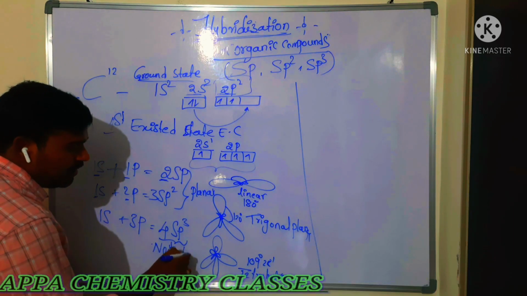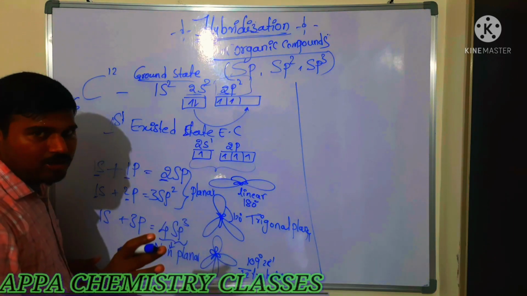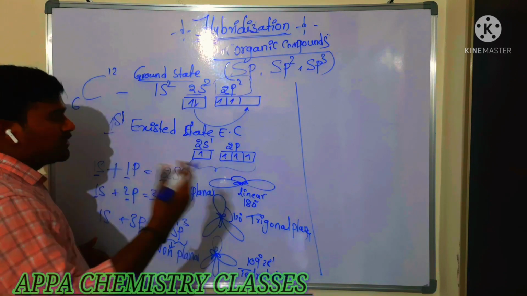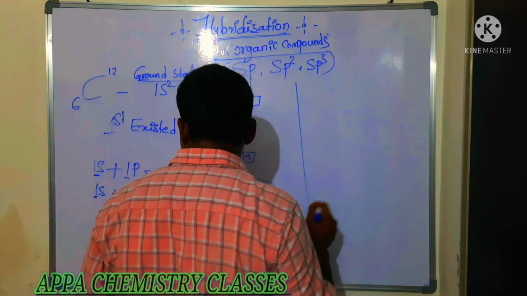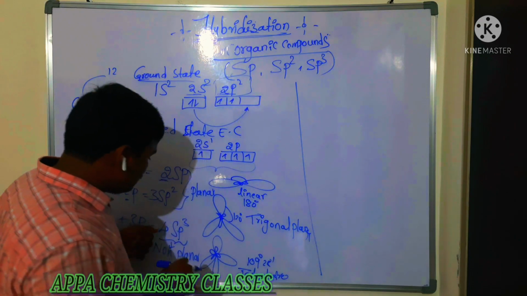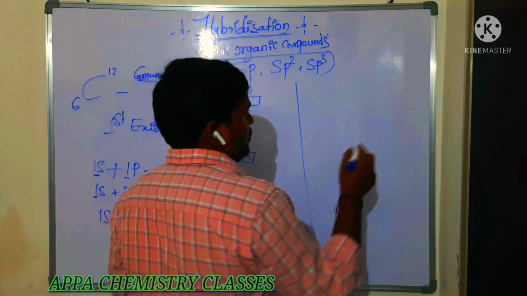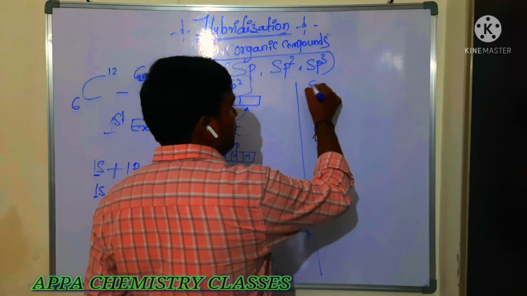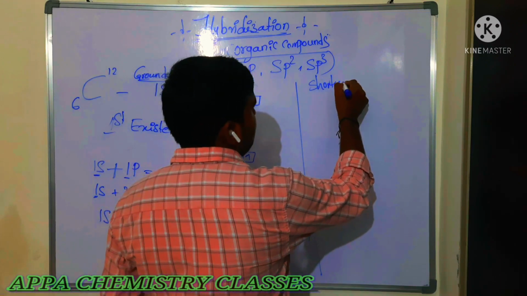Is that clear? Planar and non-planar molecule. Is that clear, everyone? Next we are going to see the shortcut, how to identify the hybridization.